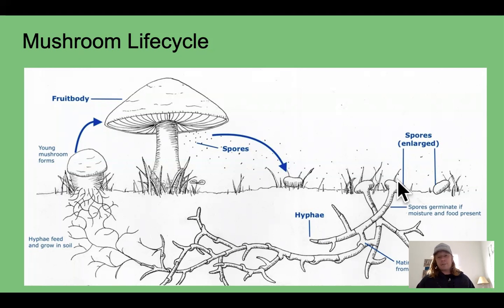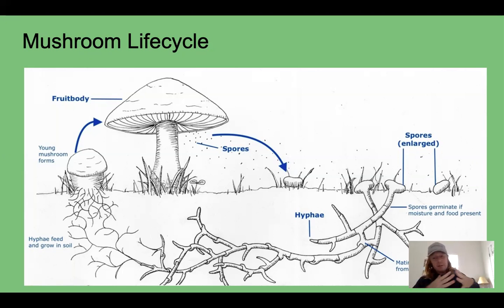When it lands and finds favorable conditions, it'll germinate and find a compatible individual, and they will merge via these hyphae. Hyphae are these filaments. It's the growth habit of fungi, and can perhaps be best equated to the root of the fungus. These very narrow single-cell tubes are grown through the environment.